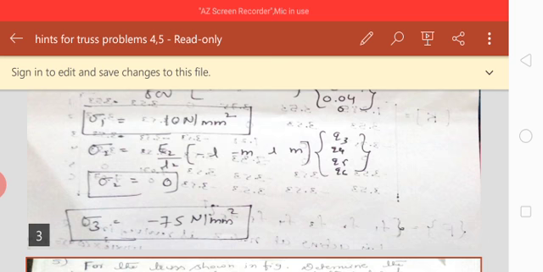Leave node 3 for now, and go for node 4. Node 4 is represented as x4, y4. x4 will be on the x-axis at a distance of 3 meter from the reference point, and y will be 0 since there is no height, and that's why I wrote 0. Now what about node 3? x3, y3 they have not given, but we know the length of the element.